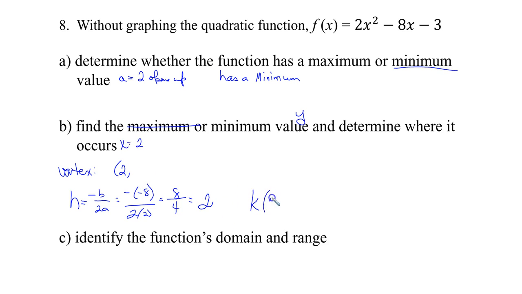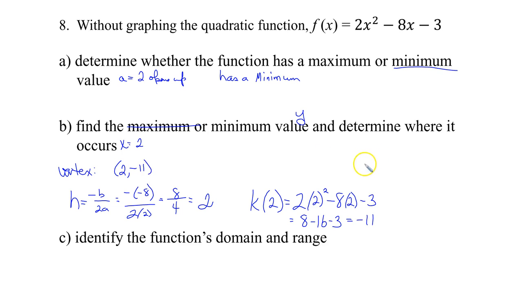The k part of my vertex, I'm going to plug 2 in for x. I have 2 times, oops, I skipped a step there. My brain got ahead of me. 2 times 2 squared minus 8 times 2 minus 3. So this is going to be 8 minus 16 minus 3. Negative 8 minus 3 is going to give me a value of negative 11.